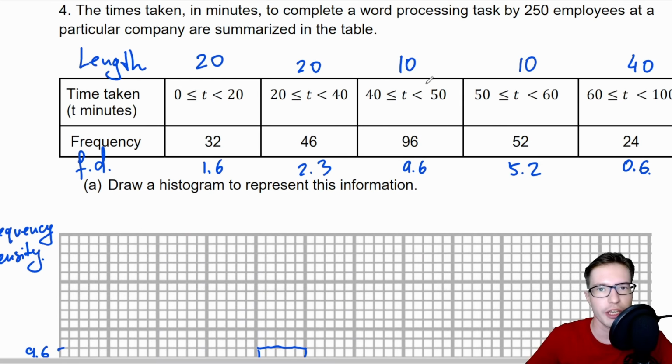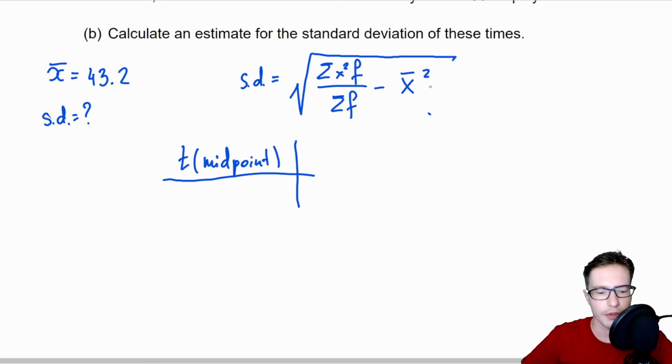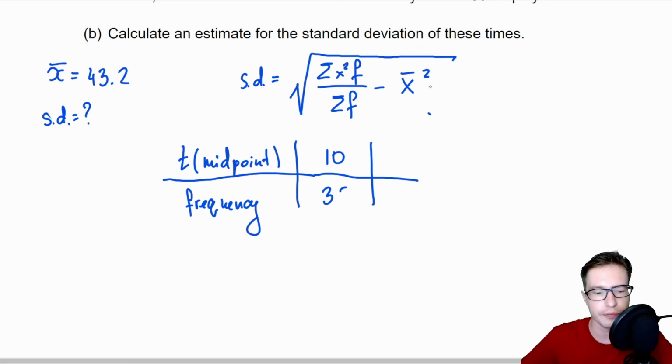That's why it's going to be an estimate. So instead of using the actual values, I will use the midpoint of each interval. Now let me create a new table, time, and I will use the midpoint and frequency. So the midpoint of the first interval is going to be 10, frequency 32.